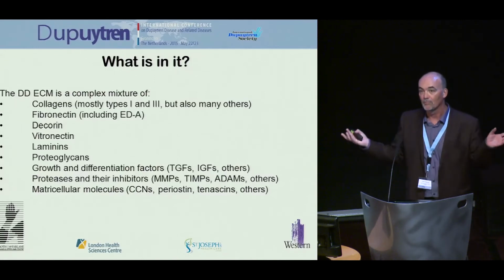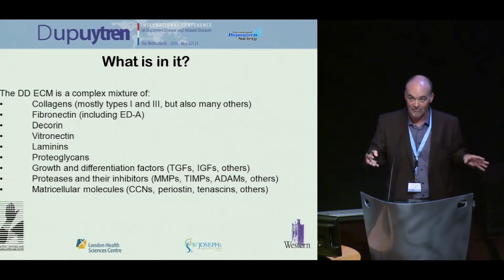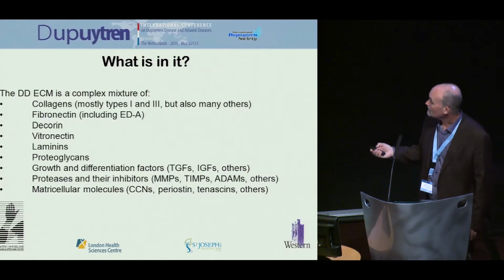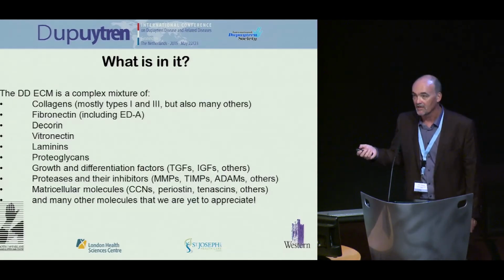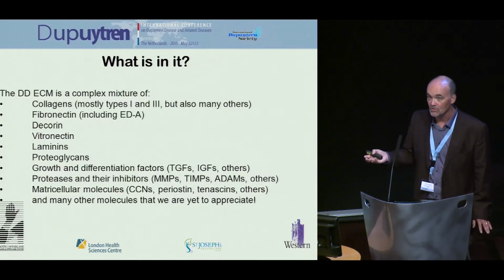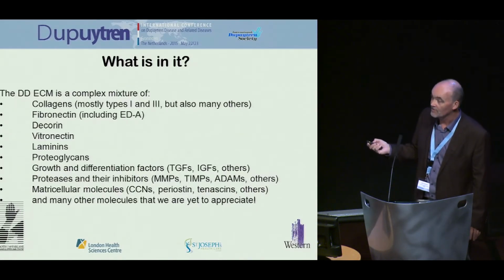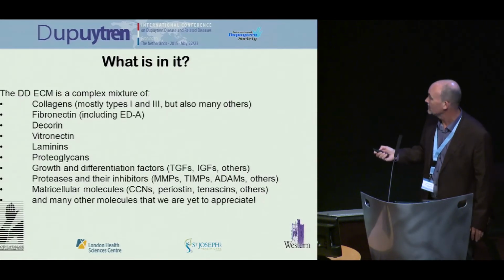They're like molecular bridges, if you like, changing cellular behaviours based on matrix-driven effects. And of course, there are a whole bunch of molecules that I at least am yet to appreciate, and I'm sure you are yet to appreciate as well. So there's much more to be learnt about the extracellular matrix in Dupuytren's disease, even just at the point of trying to identify all of the components.